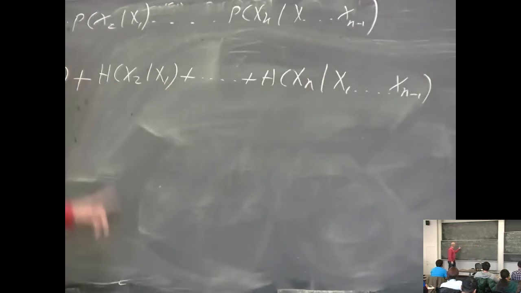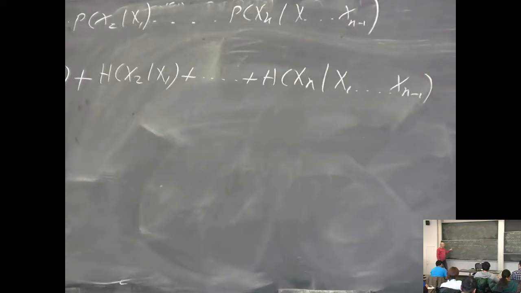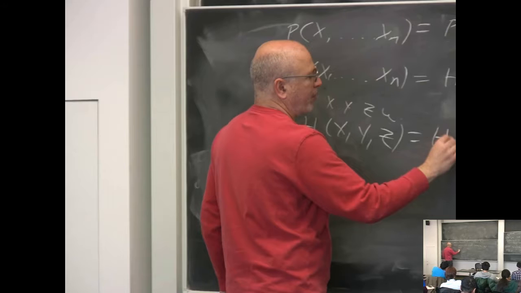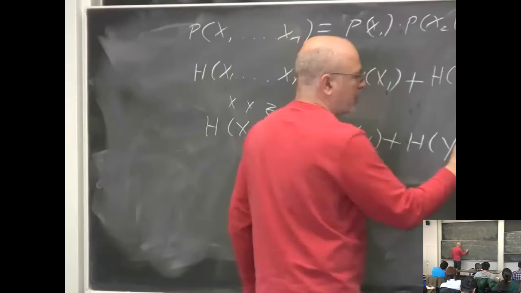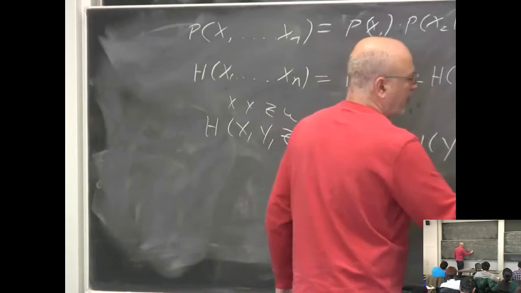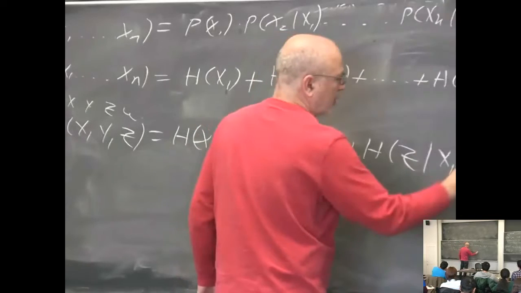Again, to remind you, these indices are for different random variables, which we normally called x, y, z. I just wanted to write it in a more general way. So more specifically, H of x, y, and z can be written as H of x plus H of y given x plus H of z given x and y.